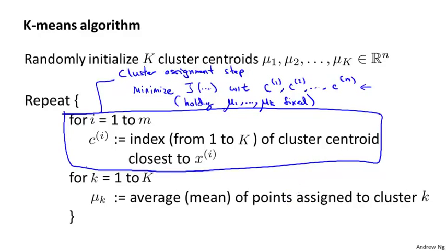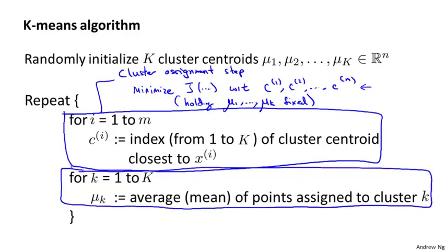The second step of k-means was the move centroid step. Once again, I won't prove it, but it can be shown mathematically that the move centroid step chooses the values of mu that minimize J. So it minimizes the cost function J with respect to, WRT is my abbreviation for with respect to, the locations of the cluster centroids mu_1 through mu_K.